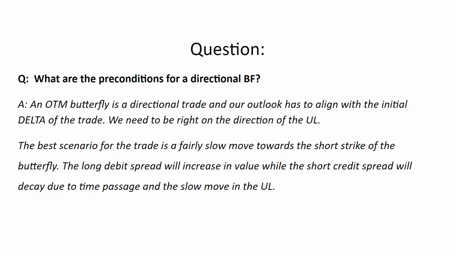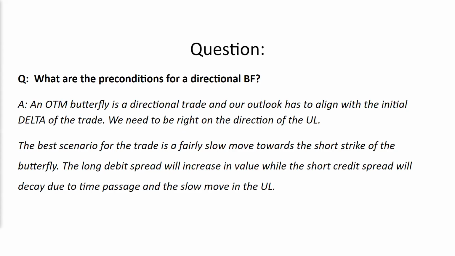It's not because the conditions aren't right. There's nothing else other than the delta exposure that is going to dictate whether this trade is going to make money or lose money. Sure, over time, it's going to help with the decay of all options in the trade. But initially, we need to be right on the direction.